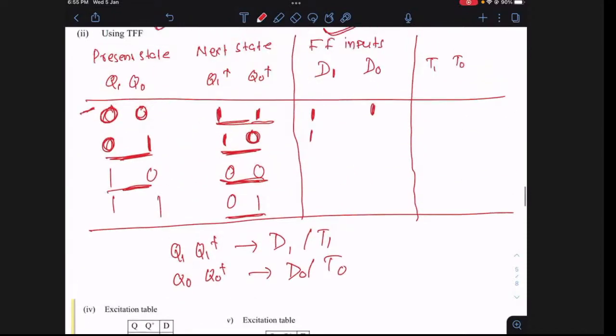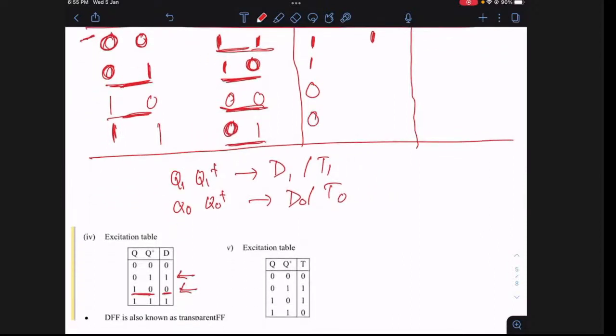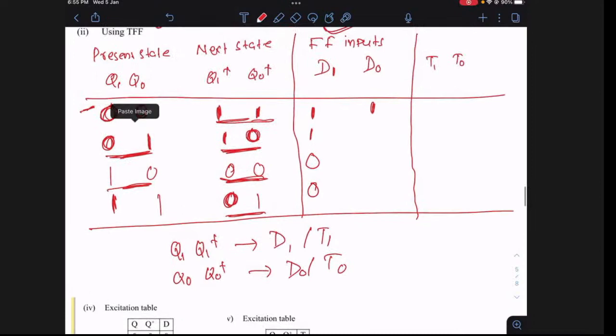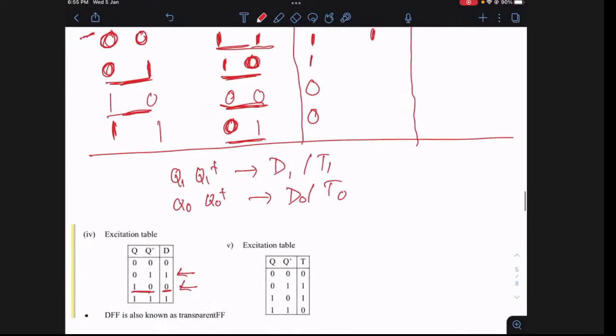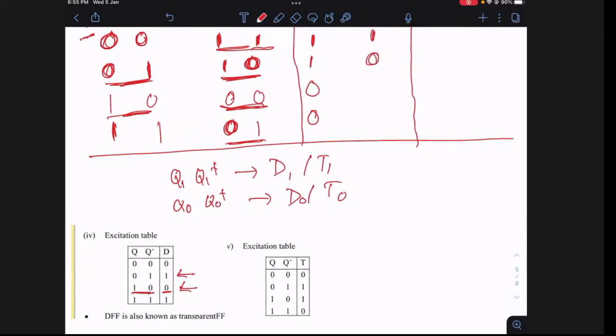So I'm writing here 0. Then 1, 0 again means it is 0 only. Similarly, for 0, 1 we have written 1. For 1, 0, it is 0 only, so I'm writing here 0. Then you have 0, 0. If it is 0, 0, the first row says it should be 0. And if it is 1, 1, the last row says it is 1.